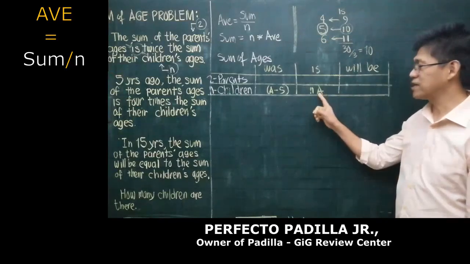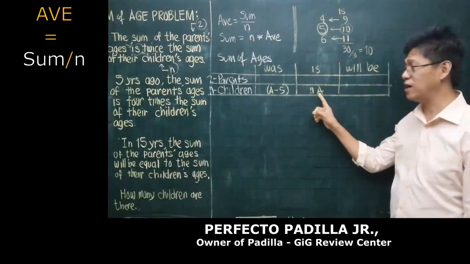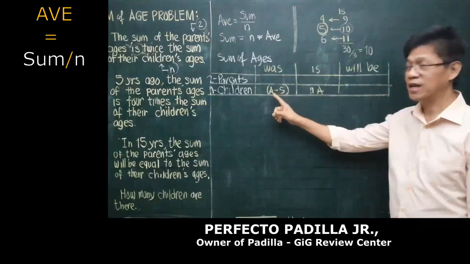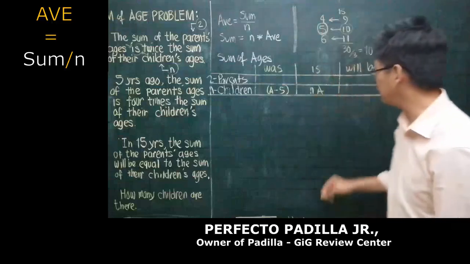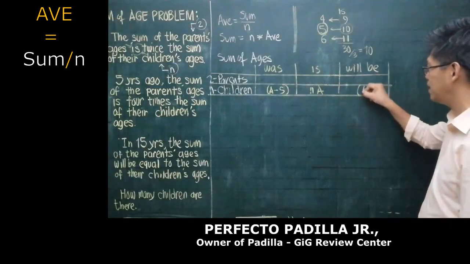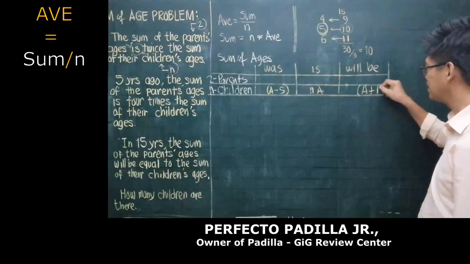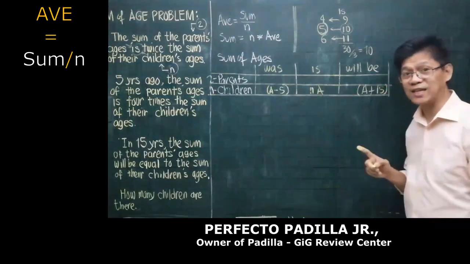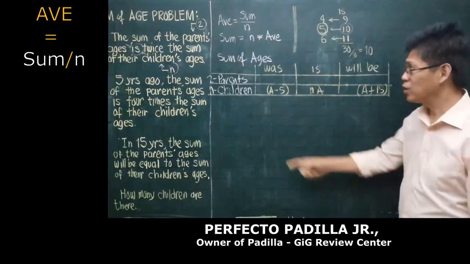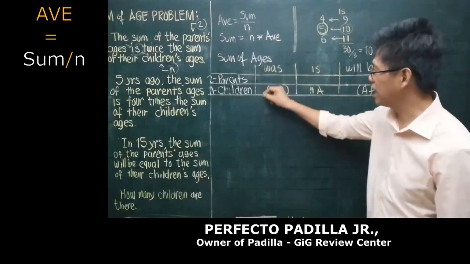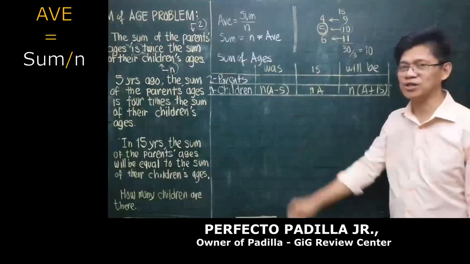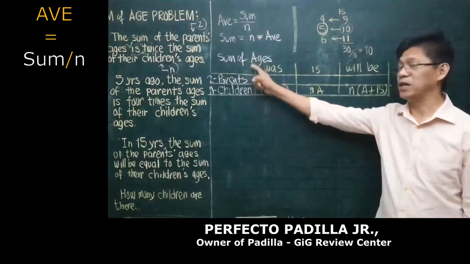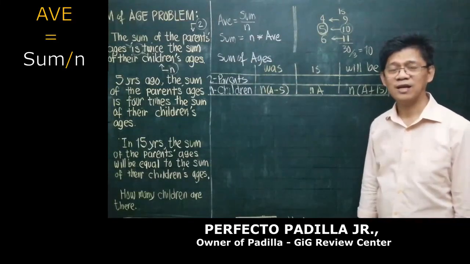So if at present the average age of children is A, 5 years ago it's A minus 5, and 15 years from now, it would be A plus 15. So that is the key here. So you multiply the average by n, then you have the representation for the sum of ages of children.